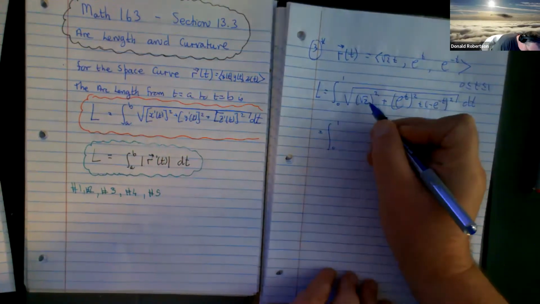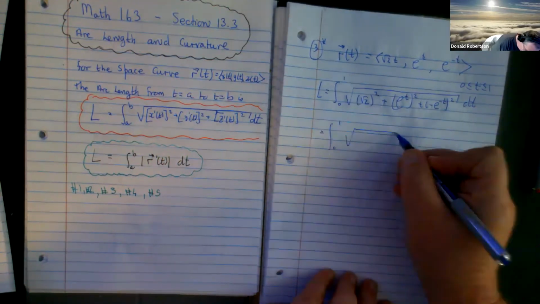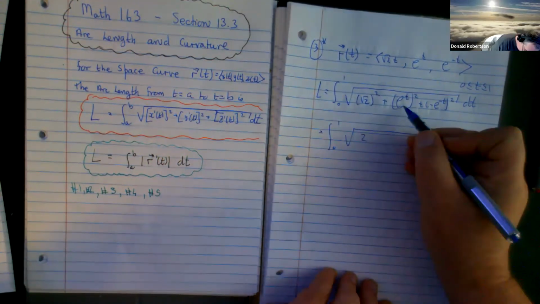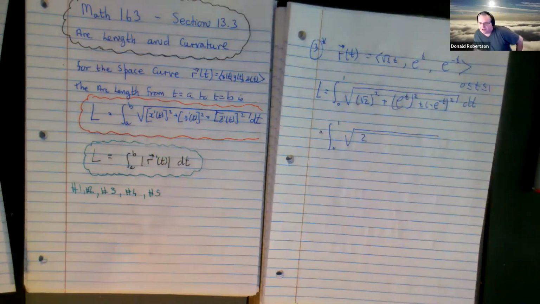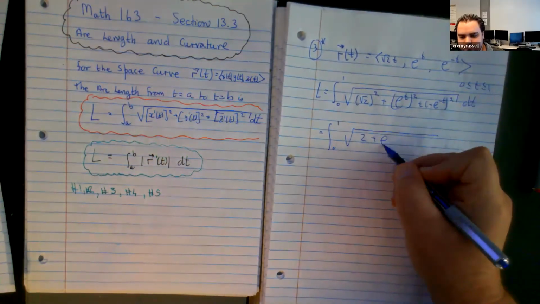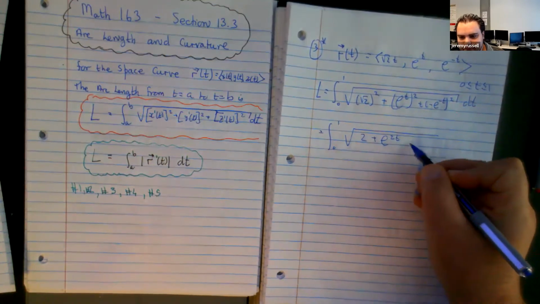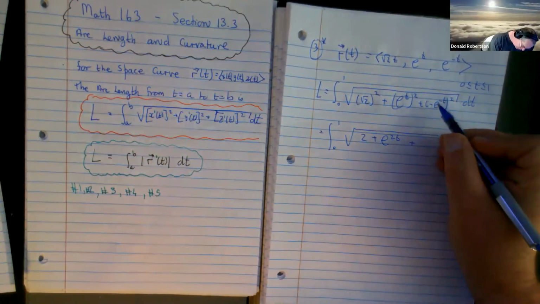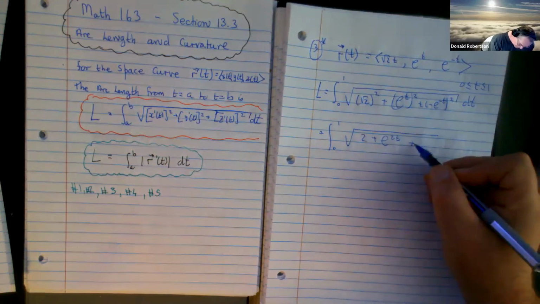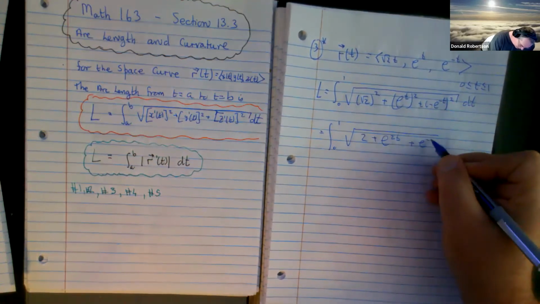If you take the square root of 2 and you square it, you get 2. What do you get if you take e to the t and you square it? E to the 2t. Correct. And that's negative, but if you square something that's negative, it's positive. And when you square e to the negative t, you get that.